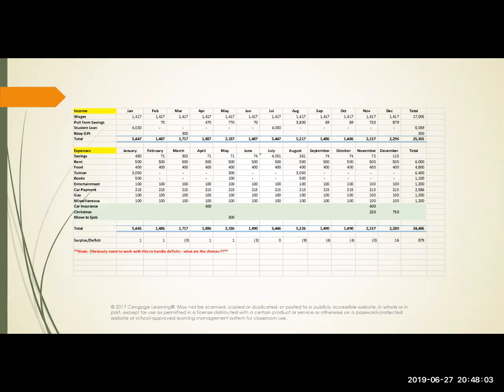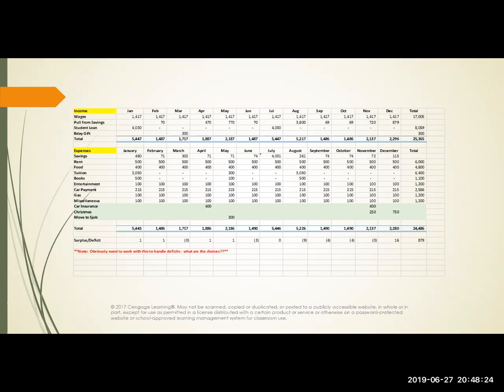So again, bear with me, this is pretty small text, but I just want you to take a look at the overview here. So this is a 12-month cash budget, and we're going to be preparing one of these this chapter. There's 13 column headings, January through December, and then total.